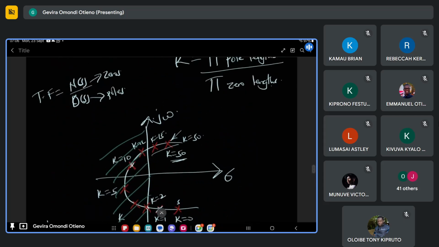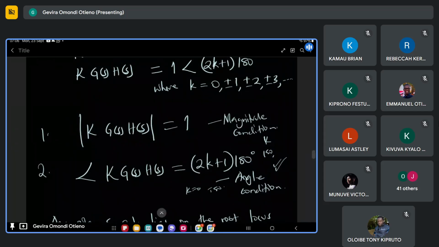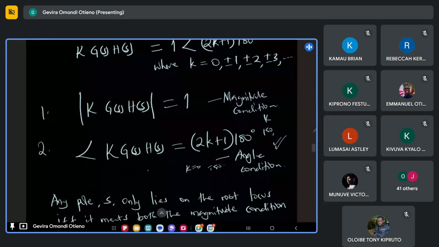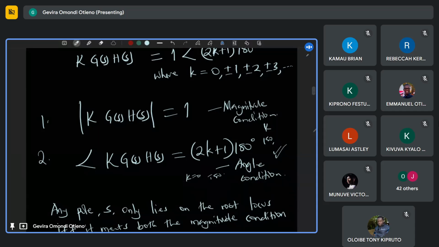I think I mentioned that in the previous class. The angle condition is the condition that if you sum up all the angles of the points on the root locus, then it should add up to 180 degrees. That was our discussion. The other one was that the magnitude condition should sum up to 1.